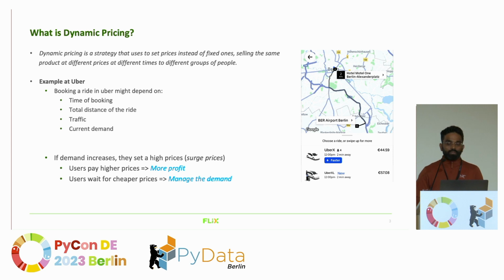At the same time, some users might not afford this price, and they prefer to wait for cheaper prices, and this way they manage the demand. Also, they notify the drivers that there is a huge demand in certain areas, so they might travel to that area, and in that way they also manage the demand because they will be able to serve more demand with more drivers. So that's a two-way benefit for them.